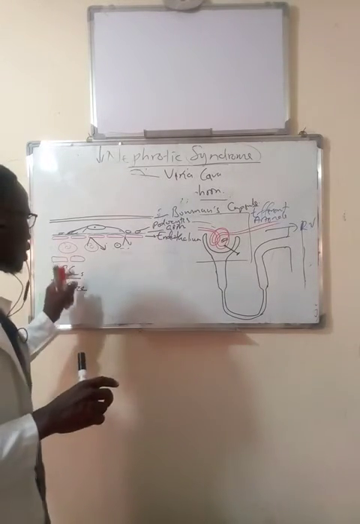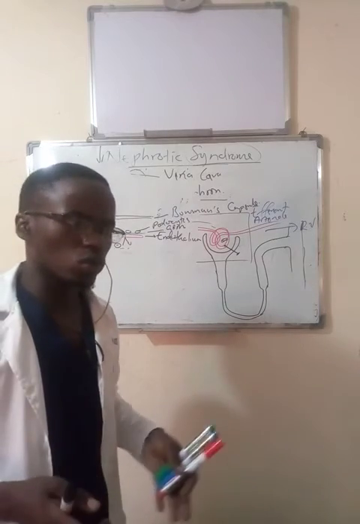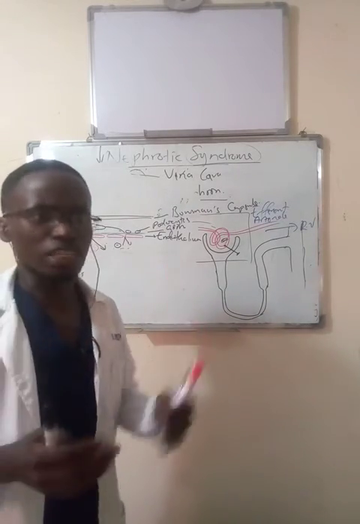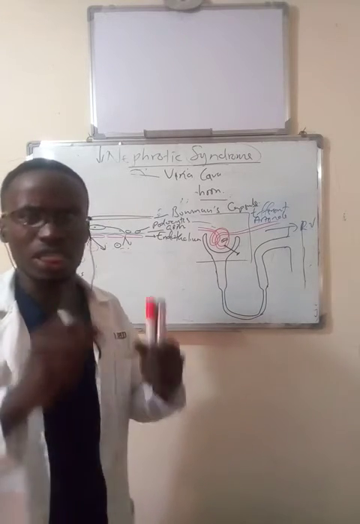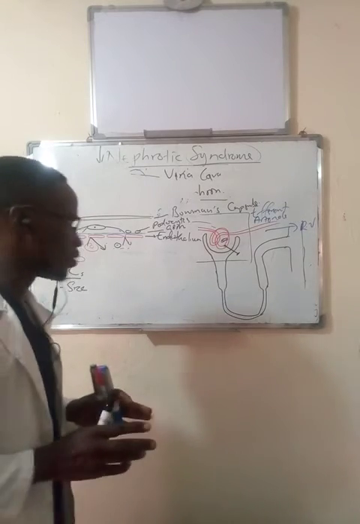So that's why, under normal circumstances, when you look at urine, you are not supposed to find red blood cells. Once you find red blood cells in the urine, it means that there's something wrong. That is why red blood cells cannot pass through, because they are larger than the fenestrations.